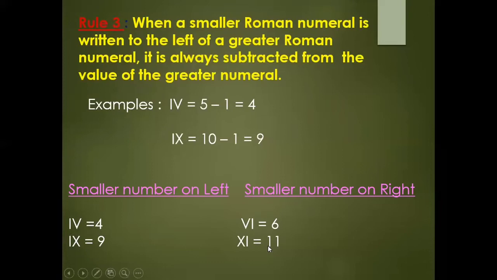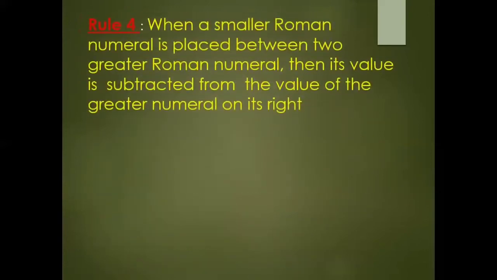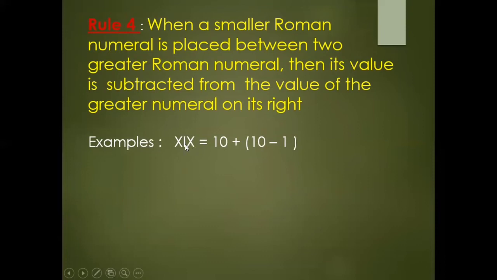Now the fourth rule: if the smaller one is coming in between the greater two Roman numerals, then what you have to do is subtract the value of the smaller one from the right hand side, and then the remaining will be added.